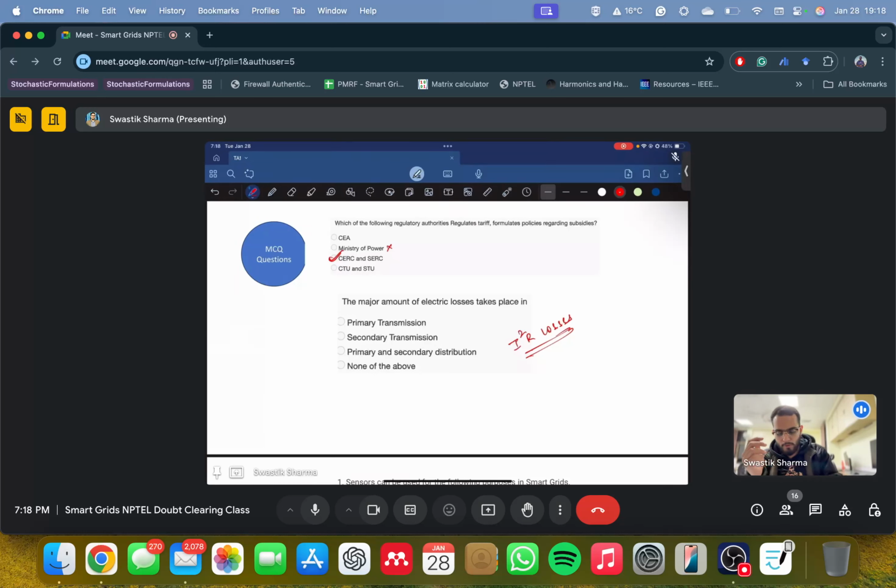For the same power, P is equal to VI. Since your power needs to be balanced at all times, when V decreases, your I needs to increase. Now your I square R losses are proportional to the square of your current. So in your primary and secondary distribution systems, your electric losses are very high. Always remember this.